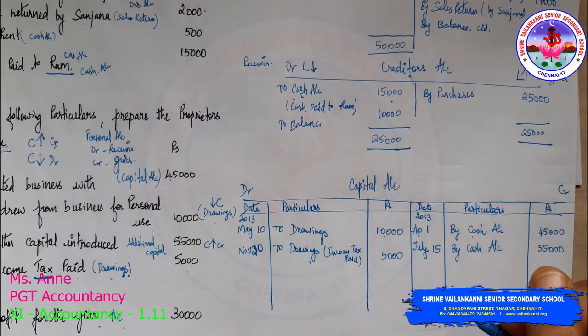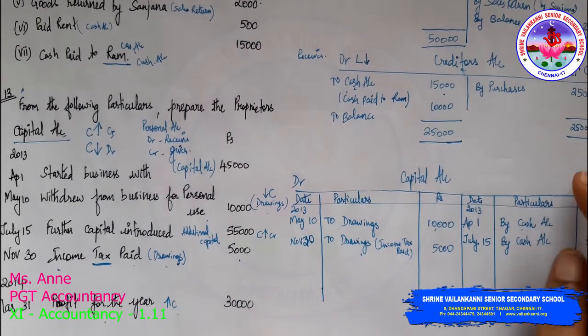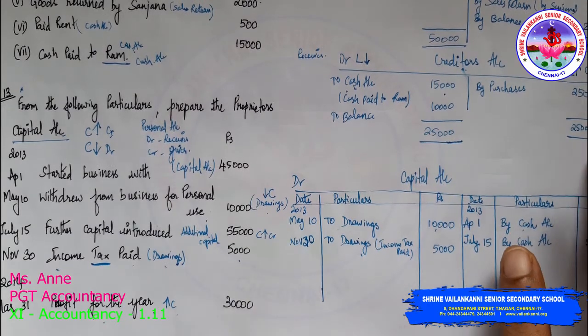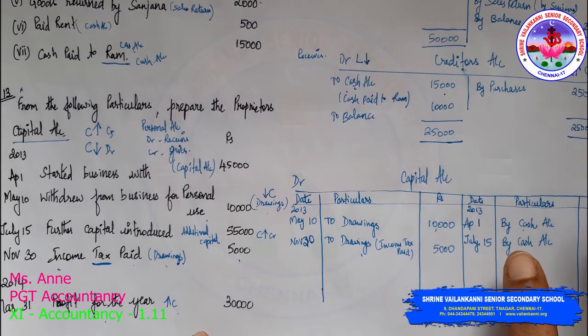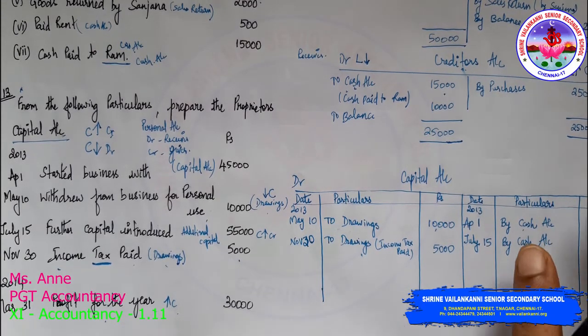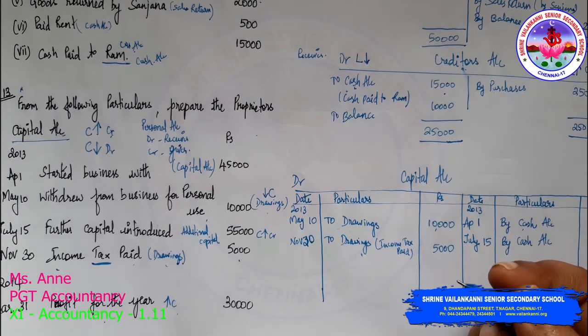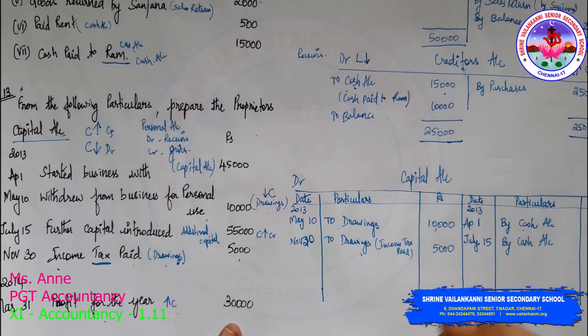Okay, and then profit. Profit doesn't increase tax. Obviously if you have profit you need to pay tax, but profits will always increase capital, because when you are preparing the balance sheet, what you generally do is add the profits of that particular year to the capital.